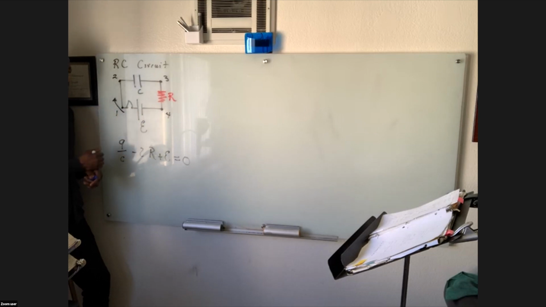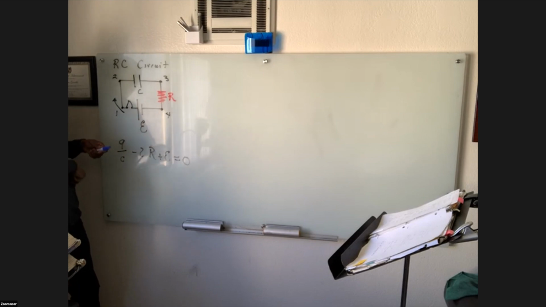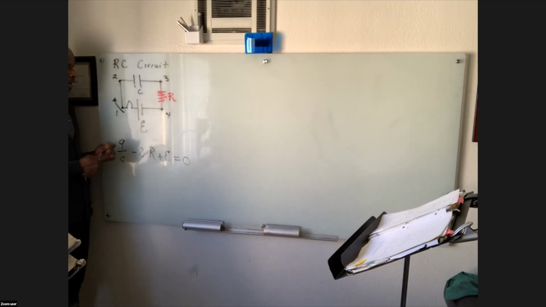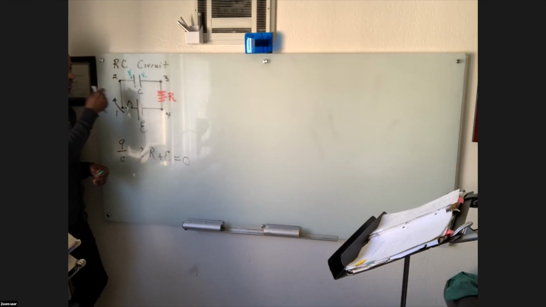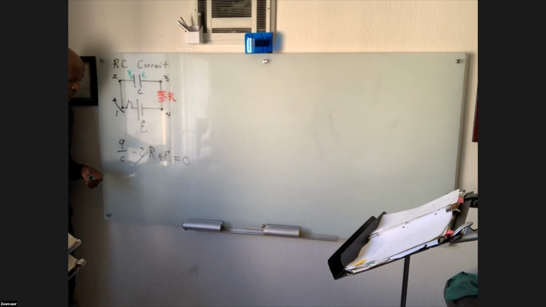Positive. Yes, that's right. This is going to be positive and the other one's going to be negative. So if you traverse that capacitor from left to right, as you did, that's V plus to V negative. What is going to be the polarity of the voltage Q over C as you go through that capacitor? Negative. So there should be a negative sign here.